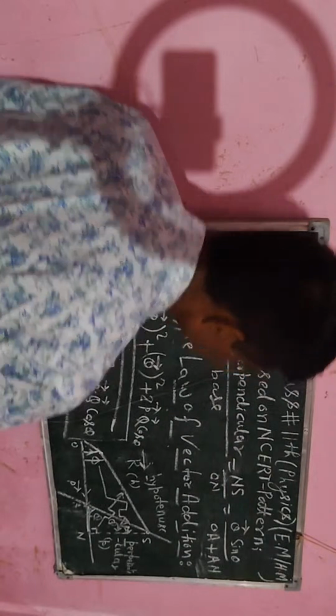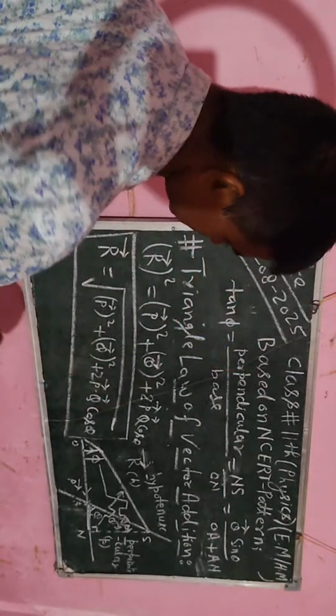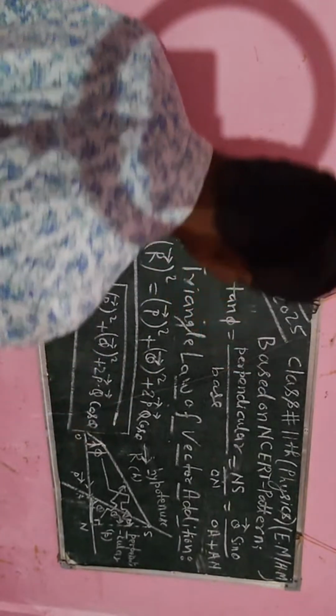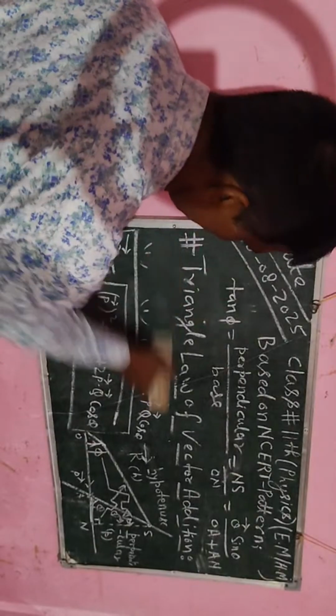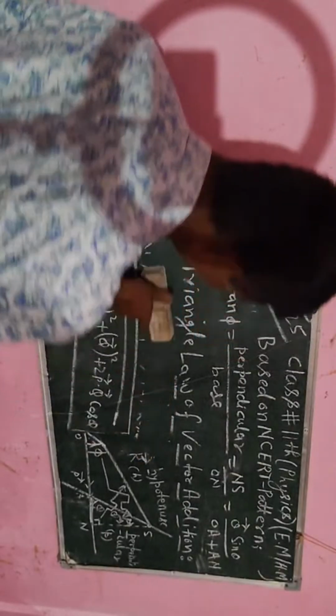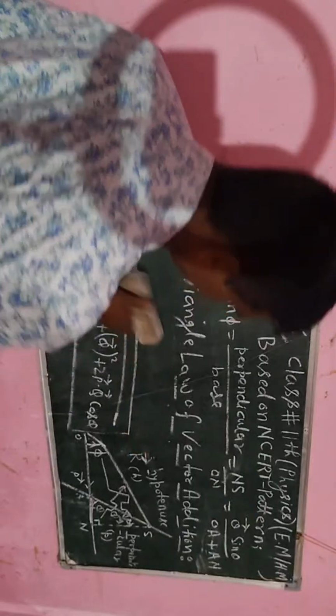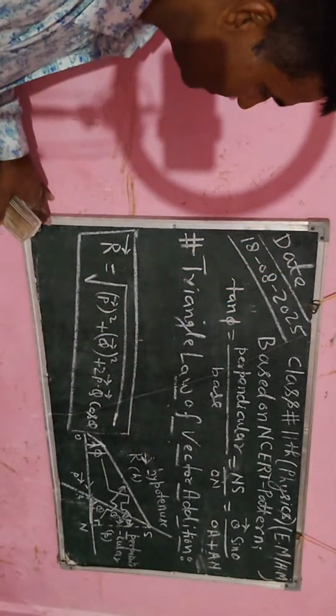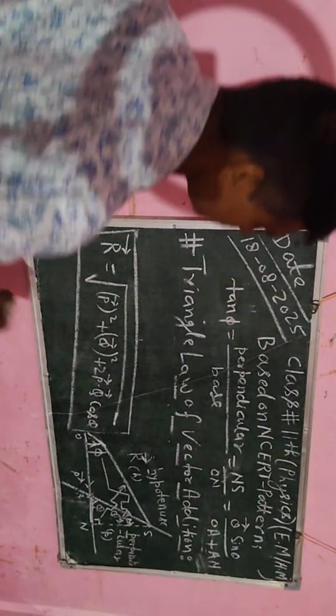Okay, so further I can write it. So this is the important formula, you have to remember it positively. This formula is obtained from the analytical method of the triangle law of vector addition.